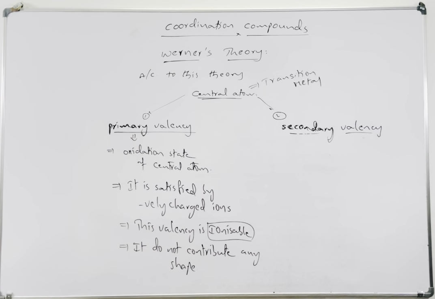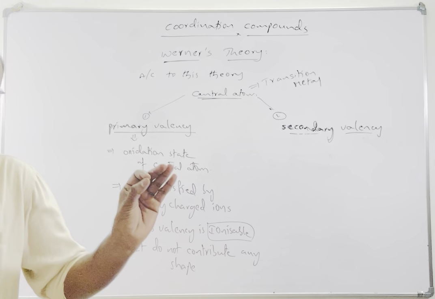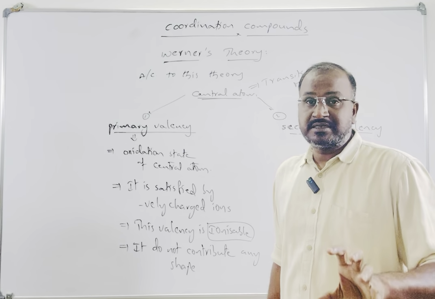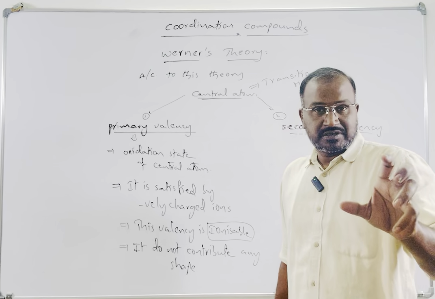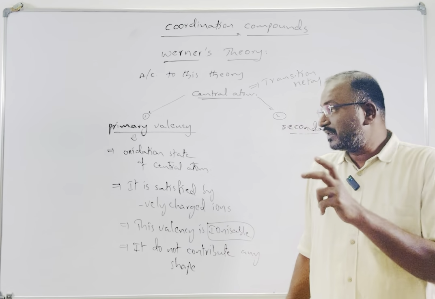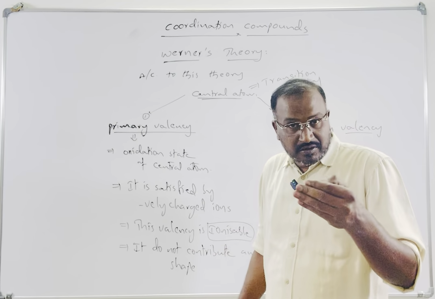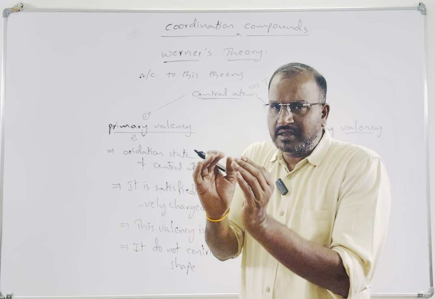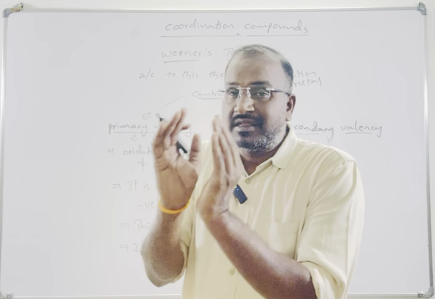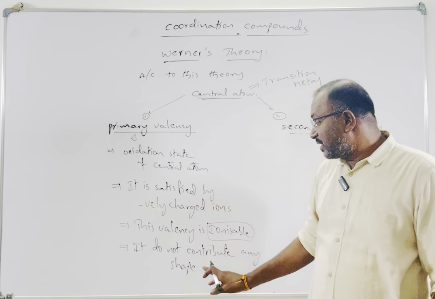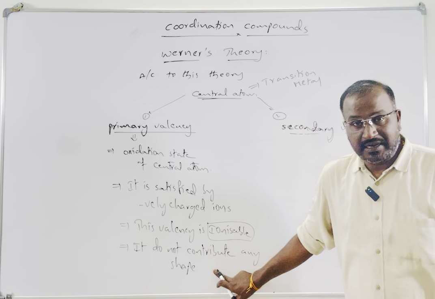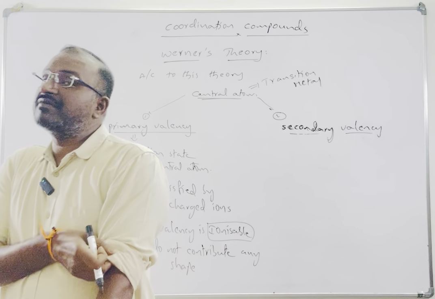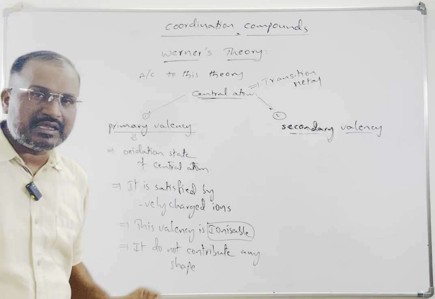The primary valency has positive oxidation state, it is satisfied by negatively charged ions, and it is ionizable and does not contribute to shape. Every coordination compound has a particular shape, but that shape is not contributed by the primary valency. There is no relation between shape and primary valency.